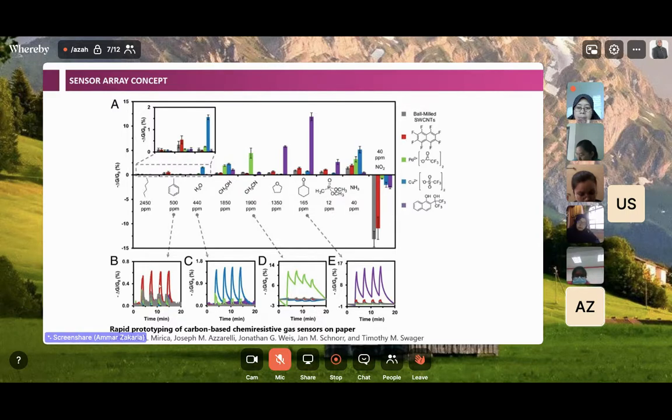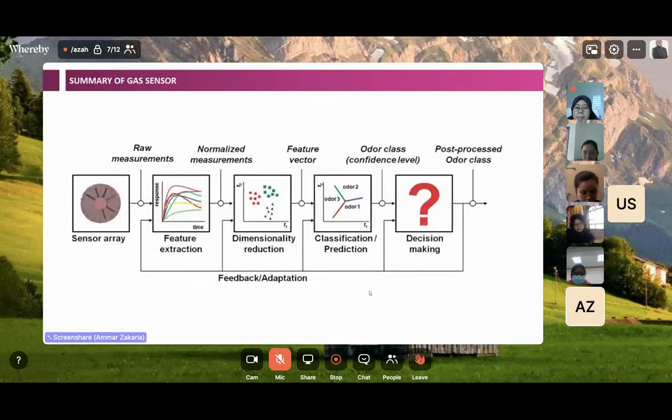But again, with the naked eye, you have difficulty detecting components B, C, and E. So you need to apply chemometrics or machine learning to help you determine what sort of gases you are dealing with, right? Okay. We will go to the next slide.